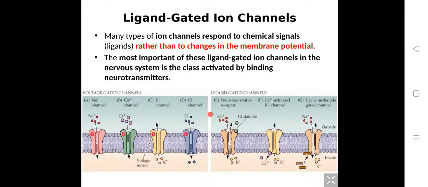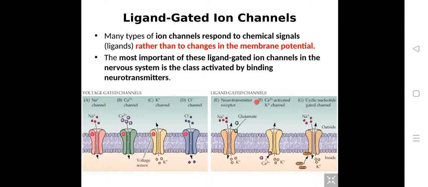This is the neurotransmitter receptor, activated by glutamate or acetylcholine or any other neurotransmitter. This example is glutamate only.